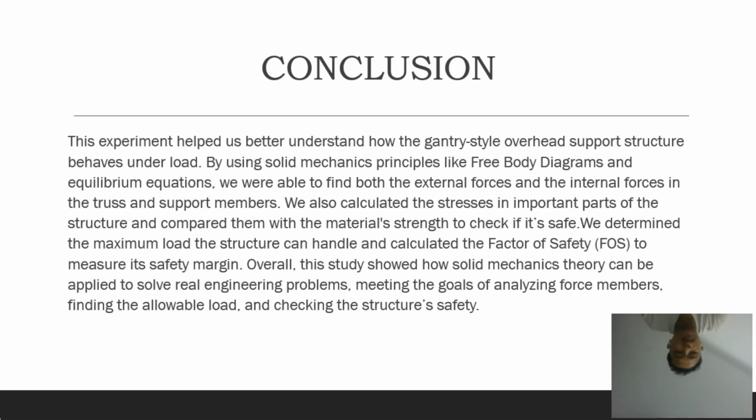We determined the maximum load the structure can handle and calculated the factor of safety to measure its safety margin. Overall, the study shows how solid mechanics theory can be applied to solve real engineering problems, meeting the goals of analyzing force members, finding the allowable load, and checking the structure's safety.